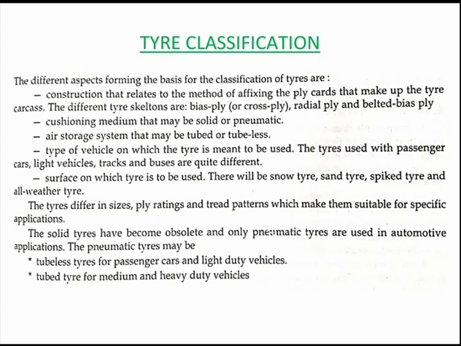The pneumatic tires we can classify mainly into two types: tubeless tires and tube type tires. Tubeless tires we can use in passenger cars and light duty vehicles, and the tube types are used in heavy duty vehicles. Nowadays tube types are normally used in heavy duty vehicles.